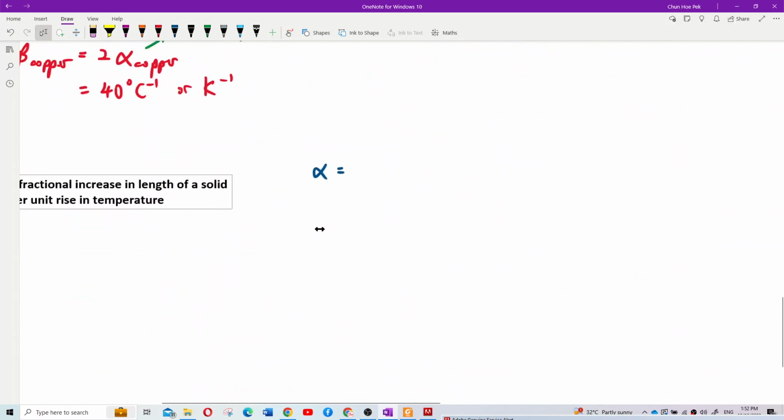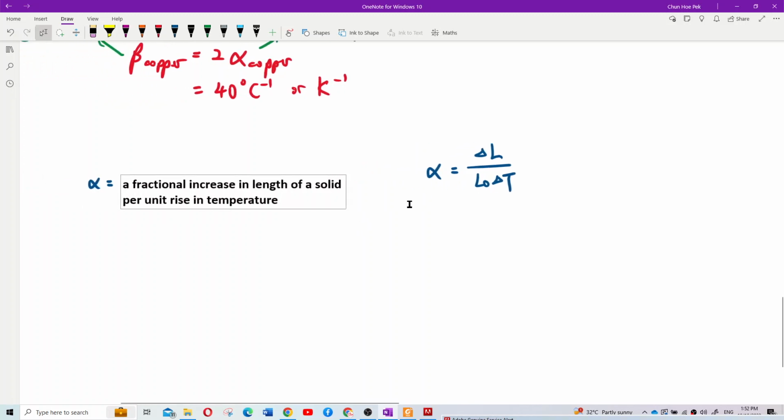Let me rewrite it over here. Alpha is delta L over L naught delta T. Fractional increase in length. That means this one is actually L. I rearrange the formula: L naught goes above over L naught, actually like this.